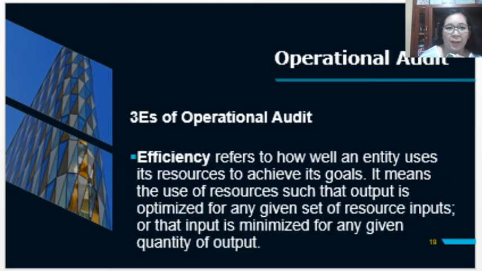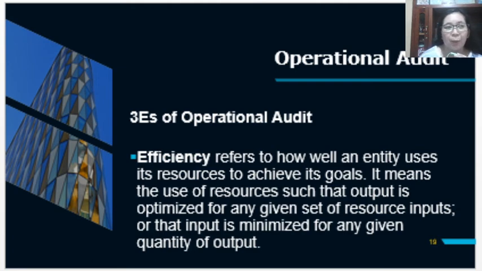Okay, so the second E is efficiency. So this refers to how well an entity uses its resources to achieve its goals. So this means using the resources such that output is optimized for any given set of resources or inputs, or that input is minimized for any given quantity of output.